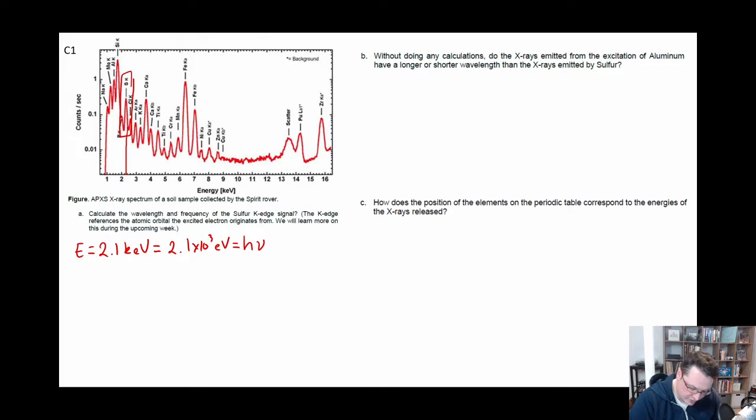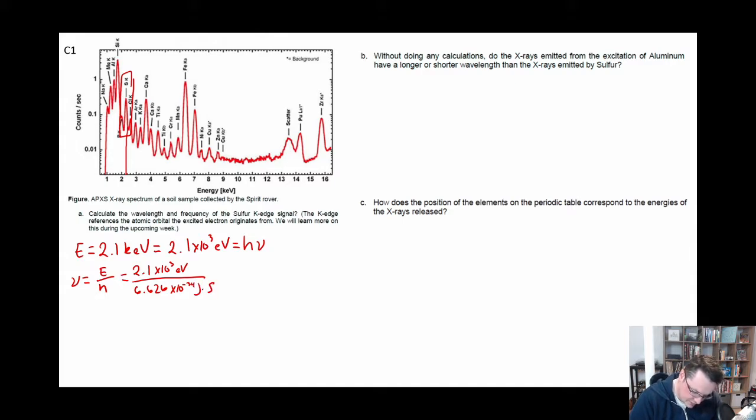If we're trying to get the frequency, it's equal to the energy over Planck's constant. So we can plug in our numbers: 2.1 times 10 to the third electron volts over 6.626 times 10 to the negative 34 joule seconds.